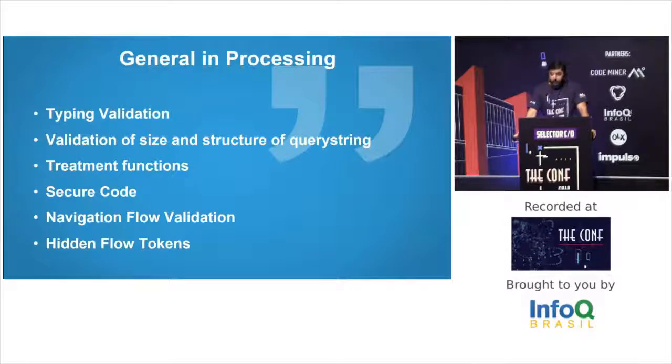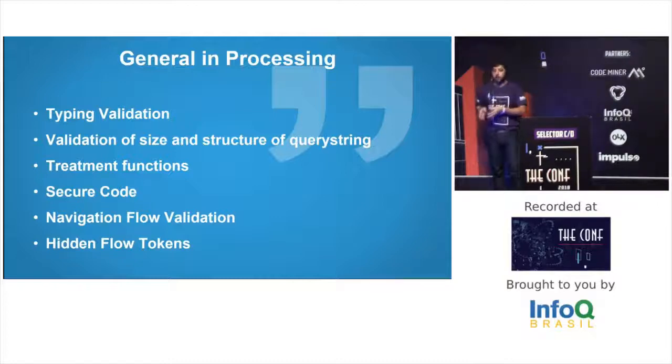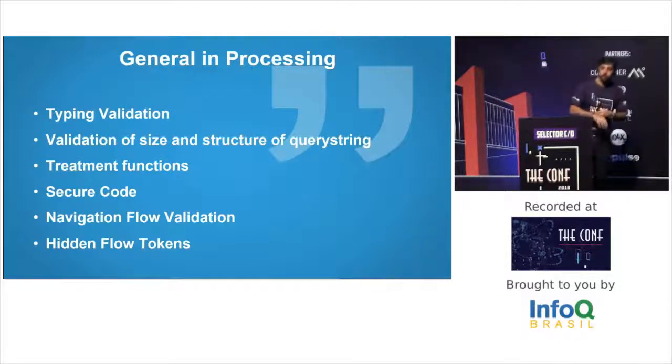Security coding for the form. Use libraries like .NET, JS, Scramble, etc. Navigation flow with hidden tokens. It's simple to construct navigation flow with a hidden token. If you need to maintain the structure of the navigation and permit the access to the page, construct a token. It's simple to search on the internet about this subject.